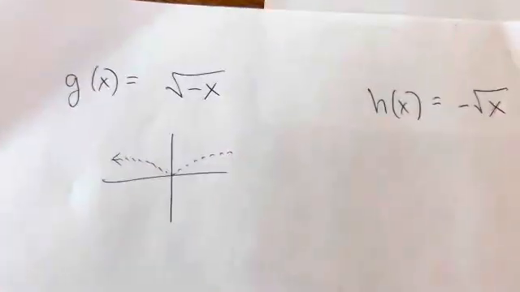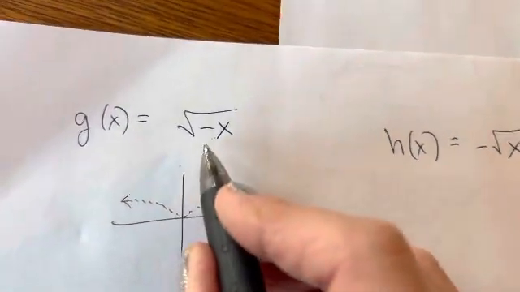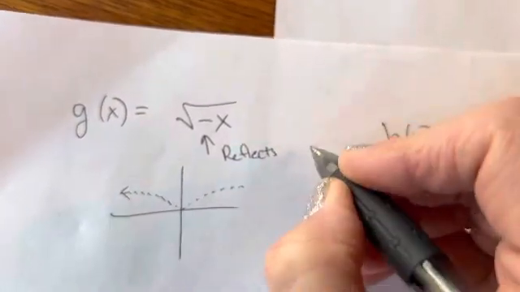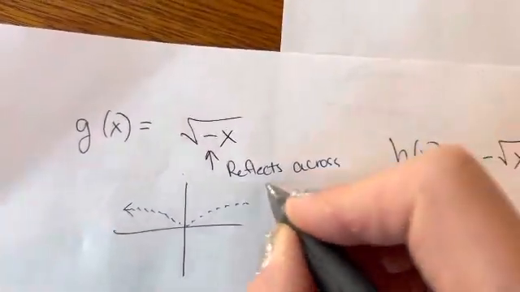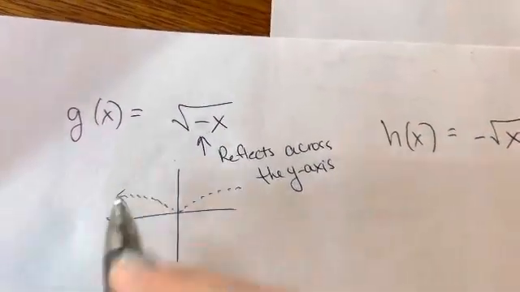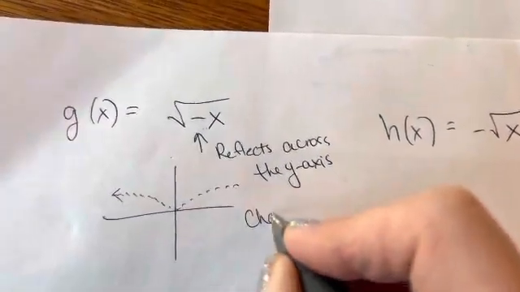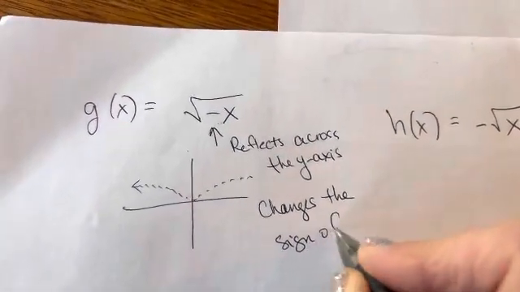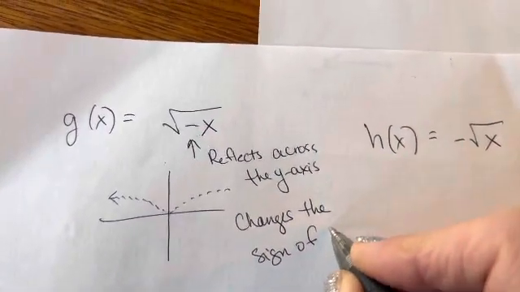So it's going to look like that, okay? That's all that does right there. So if it's on the inside, it reflects across, I may have said that wrong, but it reflects across the y-axis right there, which means it changes the sign of the x.